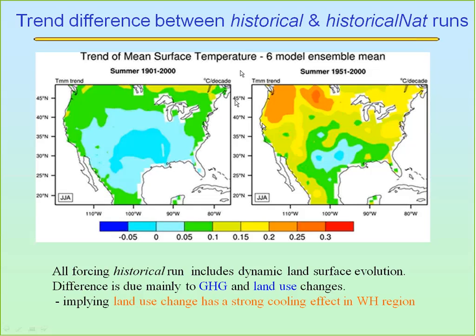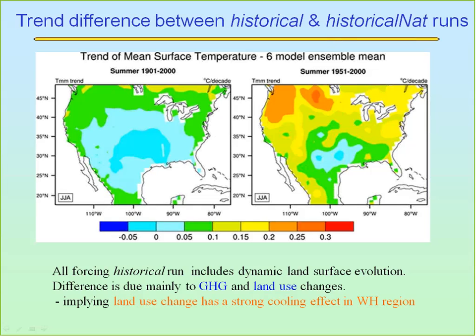The next slide shows the difference between historical and historical natural. Historical includes all forcing, including greenhouse gases and natural forcing, and more importantly, land use changes. So the difference reflects the effect of greenhouse gas and land use forcing.